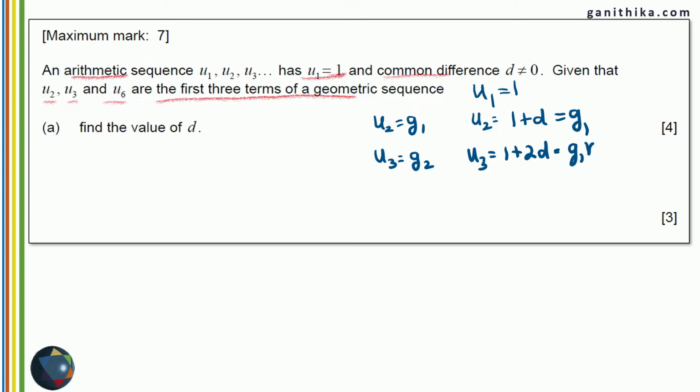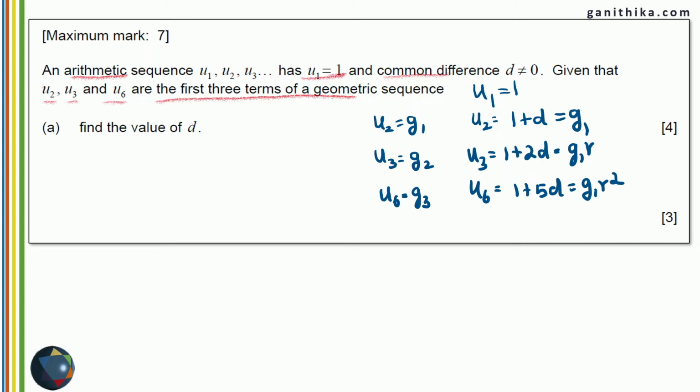The expansion of g2 in the geometric sequence is g1r. And the next step is u6 equal to the third term g3. Expanding u6 and g3, you will get 1 plus 5d equal to g1r squared. These 3 equations are there.